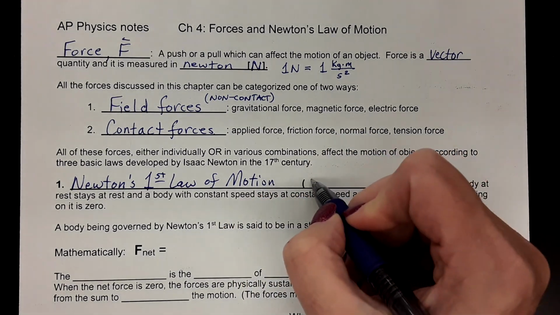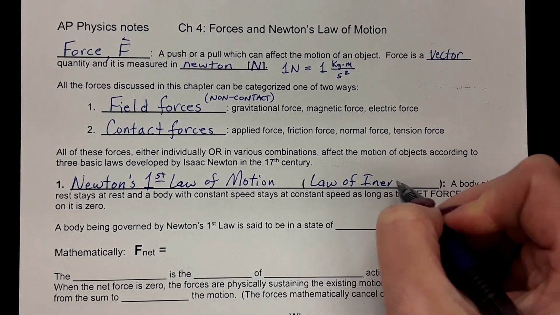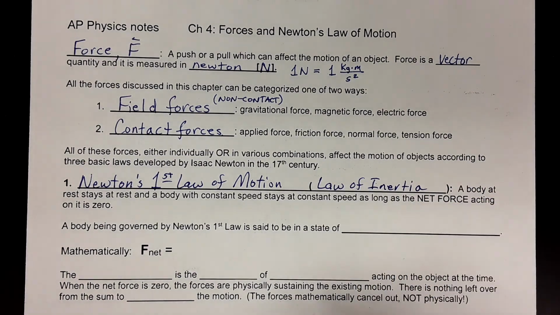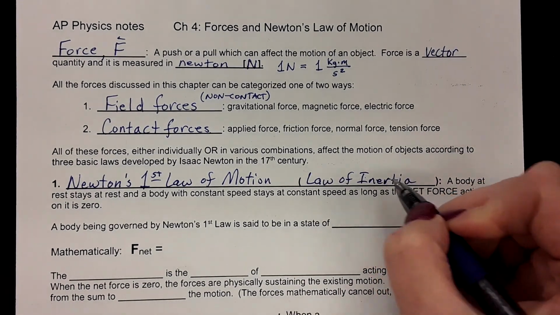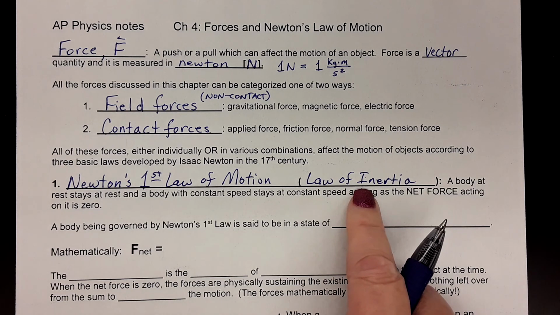Okay, this is sometimes also called the law of inertia because it has to do with the inertia of a body. Now, I don't know if you remember, but inertia is basically the property of matter that resists any change in the state of motion.